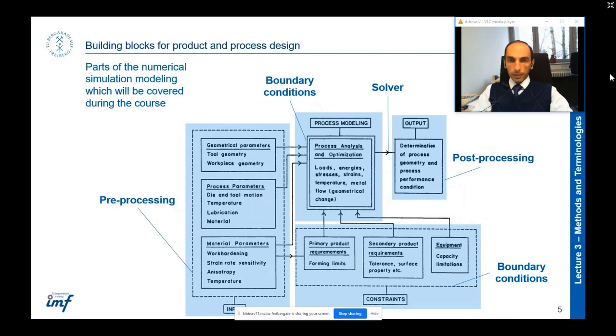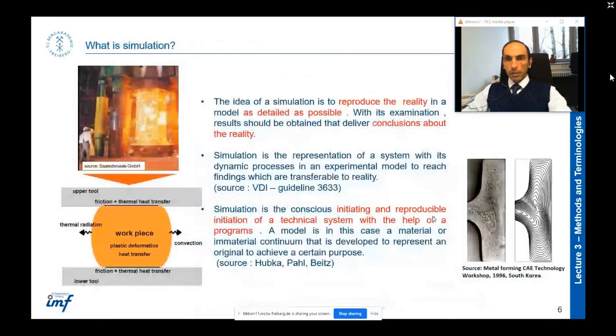Before talking about FEM exactly, first I talk about the simulation: what simulation is, why we use it, and what the advantages and sometimes disadvantages of simulation are.